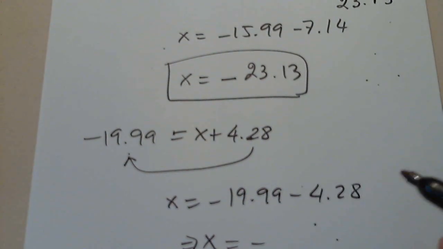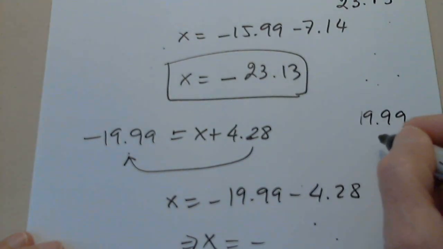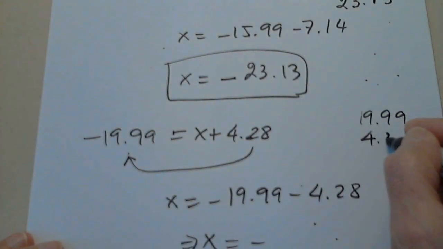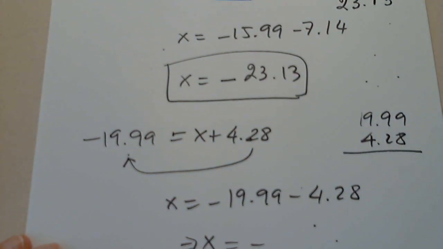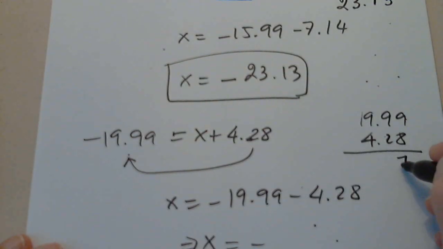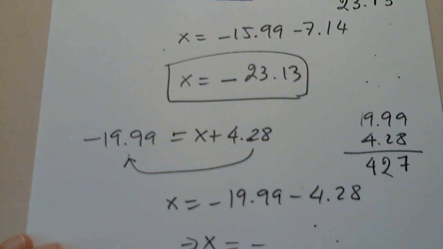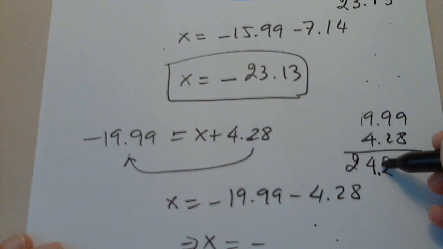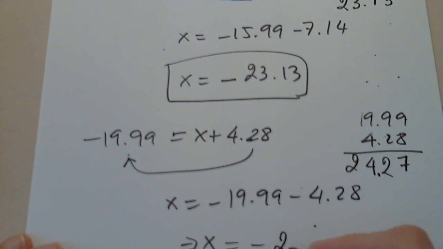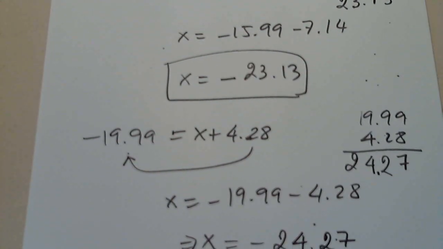So always establish the sign first, and then you know that you will have to add 19.99 and 4.28. Have to line up the decimal digits. 17, 7 and you carry 1, so that's 10, 12, and you carry 1 again, 10, 4, 14, you carry 1, and it's 2. Copy the decimal point, one under the other. So the answer is negative 24.27.